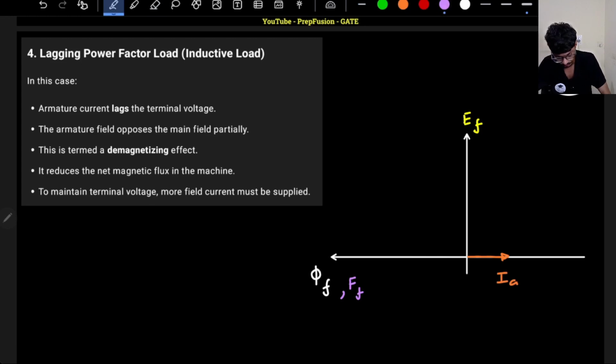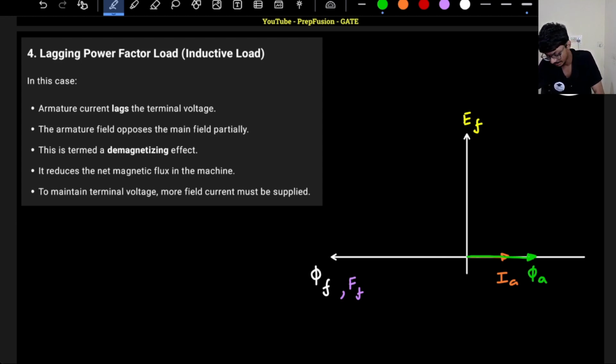What will be the flux? The flux will be here, phi A. This is the armature current. And what do I observe?